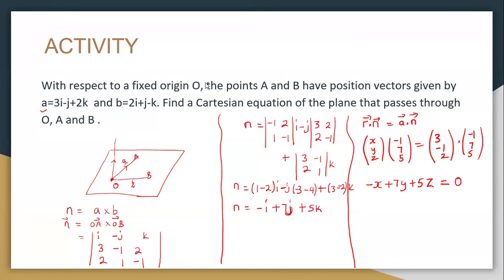The previous one, they had given you a line and a point. Here, they have given you 2 points on a plane. So that is the difference. For the first one, there was a line that was going through the plane, and you had 1 point on the plane. Are we good to continue?